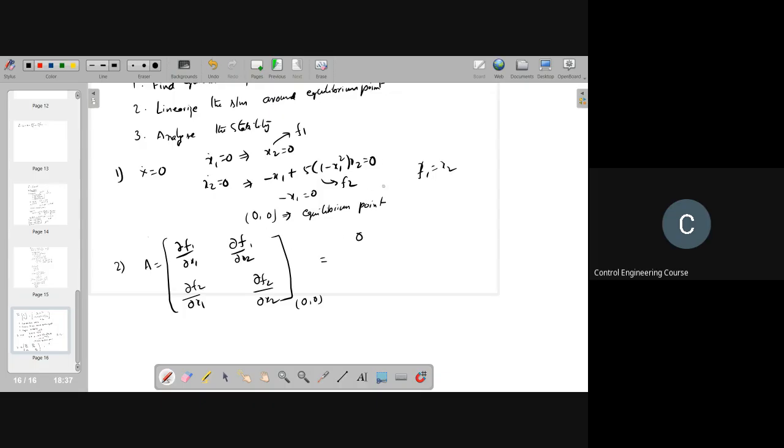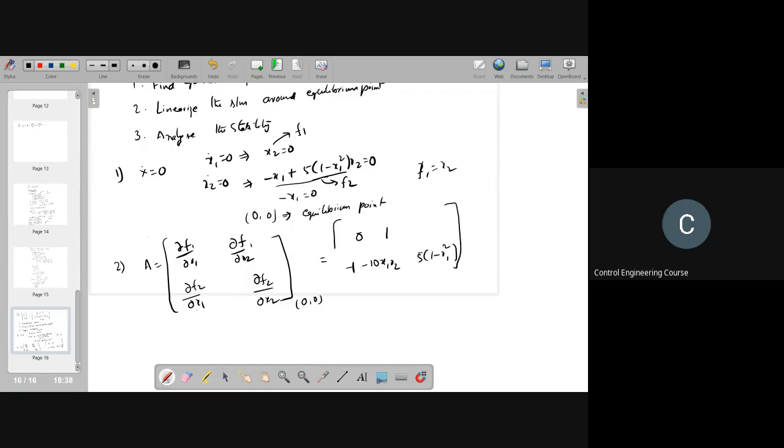Now dou f1 by dou x2, differentiating with respect to x2, it will be 1. Now dou f2, this is the function. Differentiate with respect to x1, then it will be minus 1, and this is 0 minus 10 x1 x2. Then dou f2 by dou x2 is 5 into 1 minus x1 square.